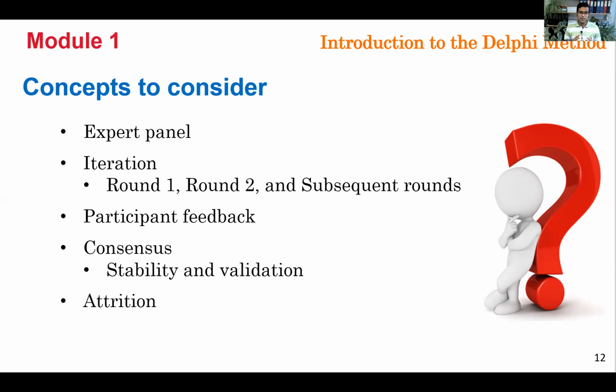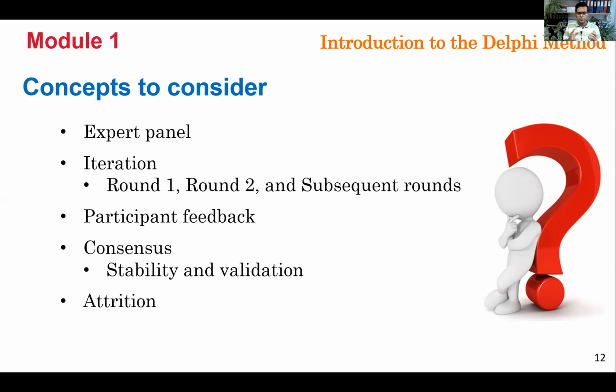Consider providing a no comment option if participants have different backgrounds and knowledge. Participant feedback. Consider providing visual feedback, for example, bar charts or tabular format, to provide information on the distribution of data.